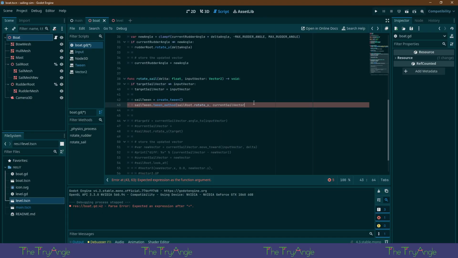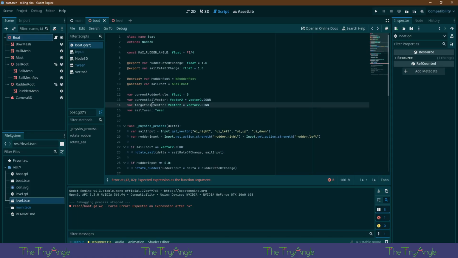From the current sail vector to our target sail vector. No, that's crap. We don't want the vector. We want the angle.